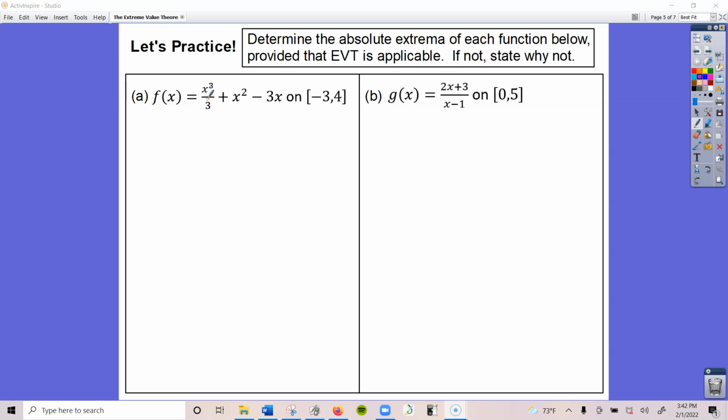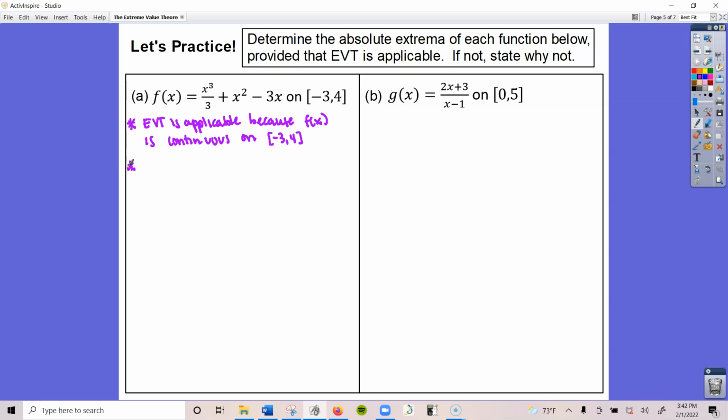Therefore, the denominator will never equal 0. Therefore, EVT is applicable because f of x is continuous on the interval negative 3 to 4.